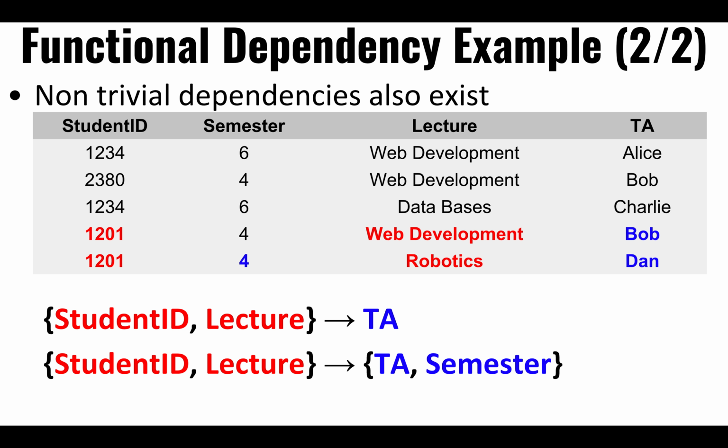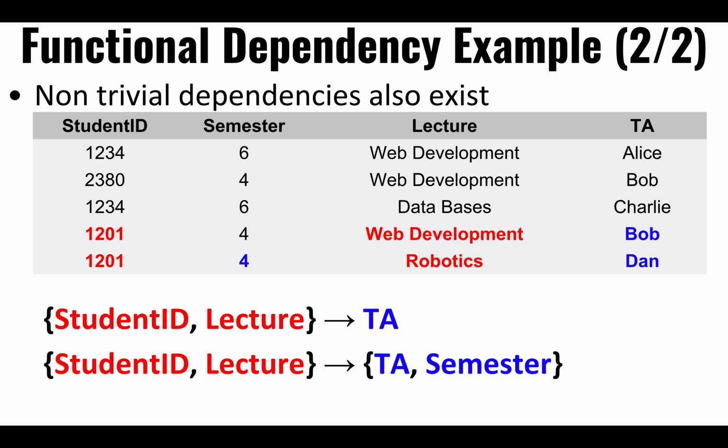If you know the particular lecture, then that might imply that there can only be one TA associated with it. Again, this might be a little more obscure to identify, these relationships between lecture and TA.